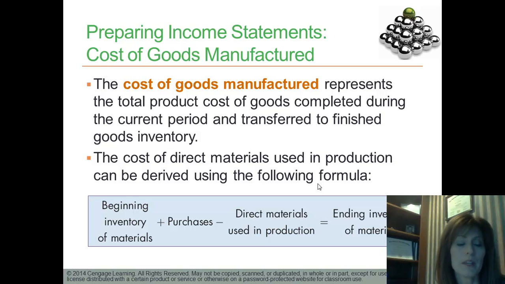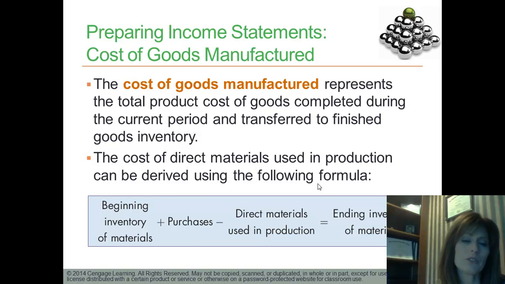So here we have beginning inventory plus purchases minus direct materials used is ending inventory. We can switch this formula around any way we want to solve for whichever piece we need. We could solve for ending inventory, purchases, direct materials used, or beginning inventory. As long as we know 3 of the 4 variables, we can solve for the other one.